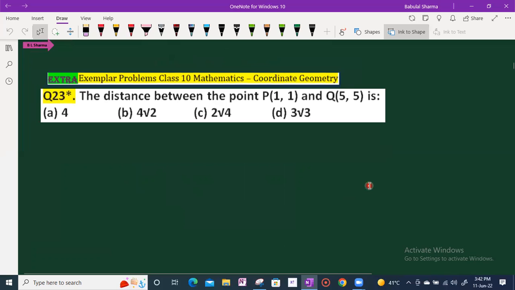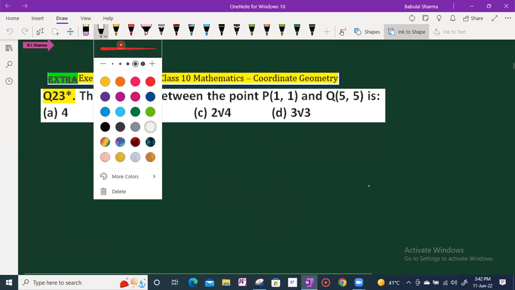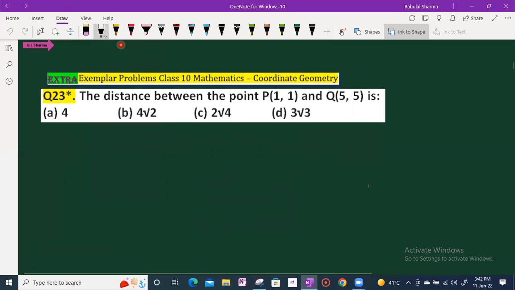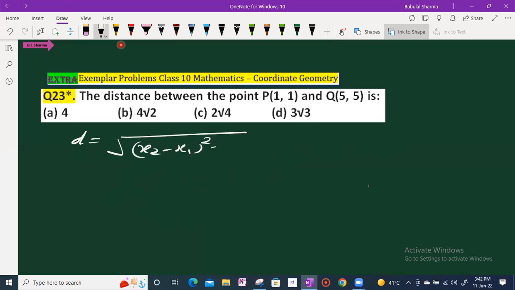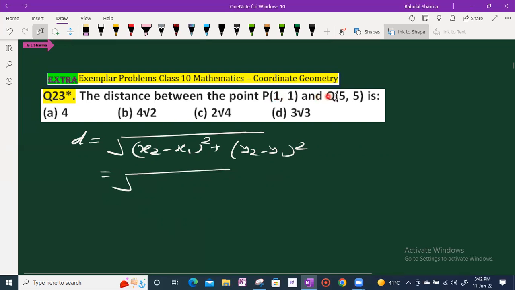Next question. The distance between the points P and Q with coordinates given, we again know that the distance between the 2 points given by square root of x2 minus x1 whole square plus y2 minus y1 whole square. Here x1 y1 is 1, 1 and x2 y2 is 5, 5.